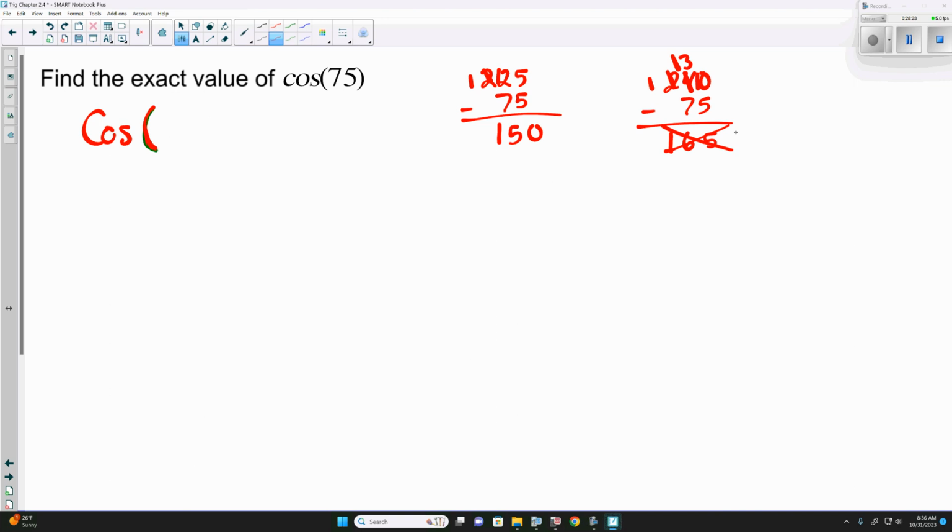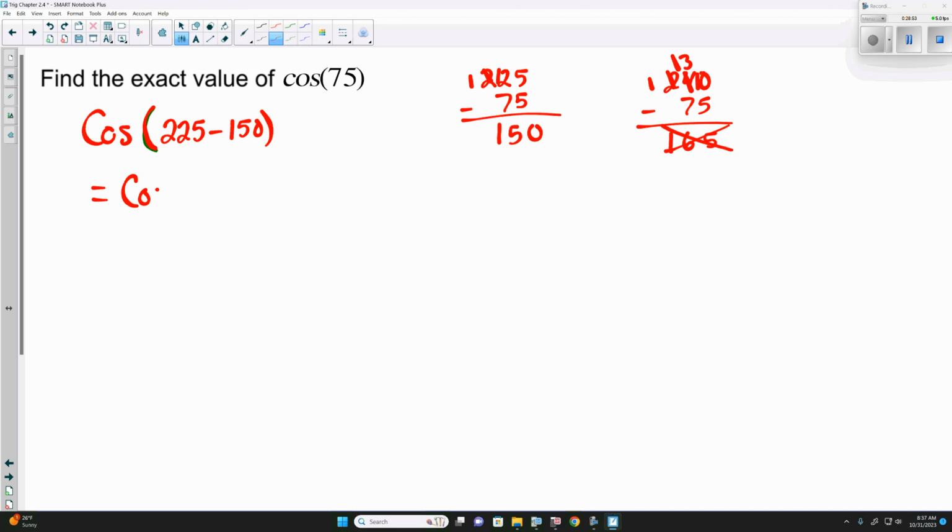So we can't use 240 and 165 because one of them's not there. But 225 minus 150 is indeed 75 degrees. So we can use both of those because the difference is 75, which was what we wanted, and both of those are on the unit circle. Does that make sense how that works?